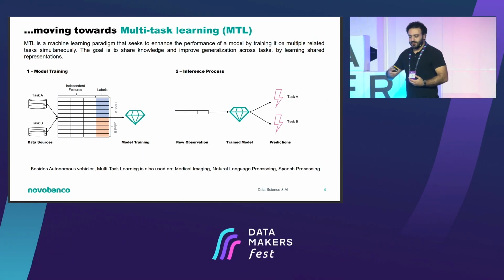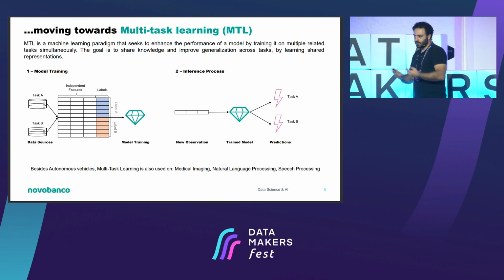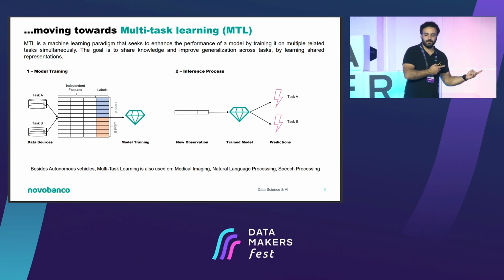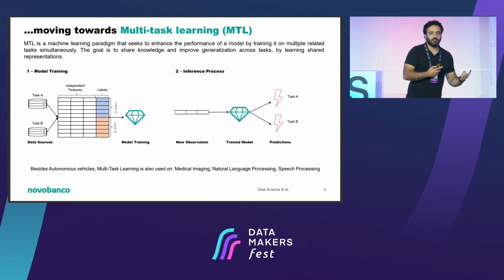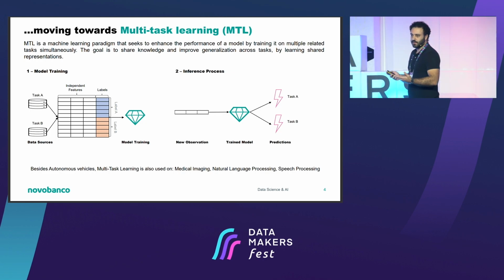Then the model will optimize all of these loss functions simultaneously. When the model is trained, you can give a new observation, and it will provide the inferences for all the tasks that you trained it for. So, contrary to the single task learner, it's a model that can answer many business questions at the same time.